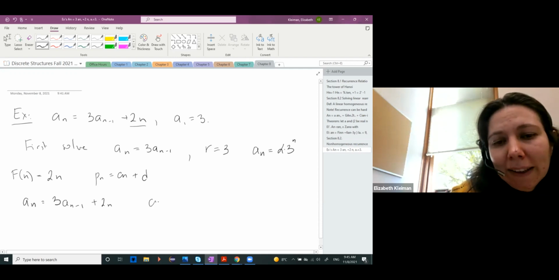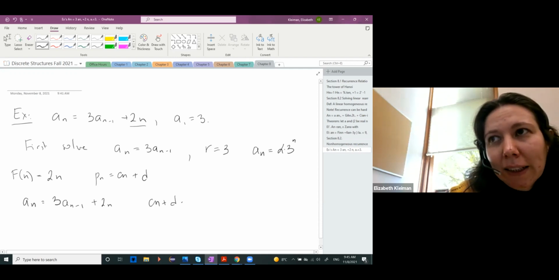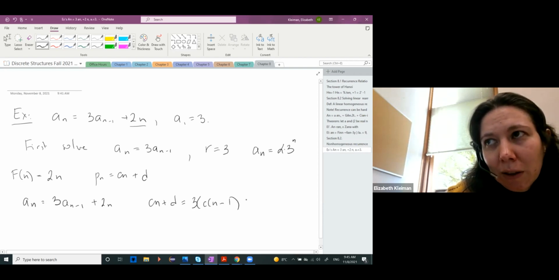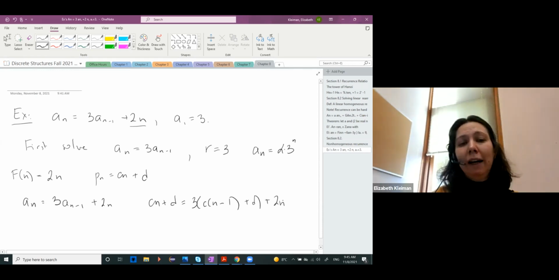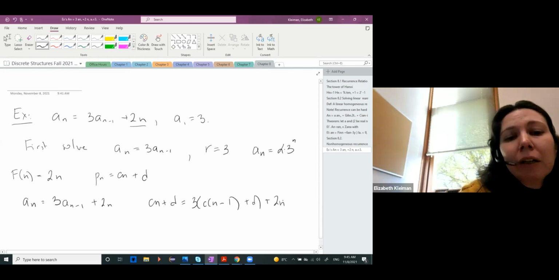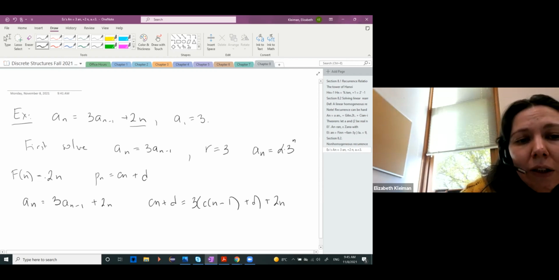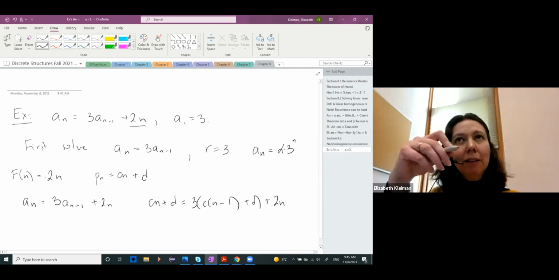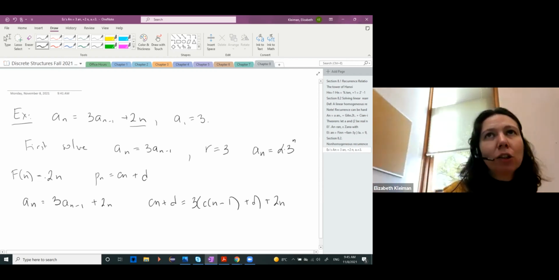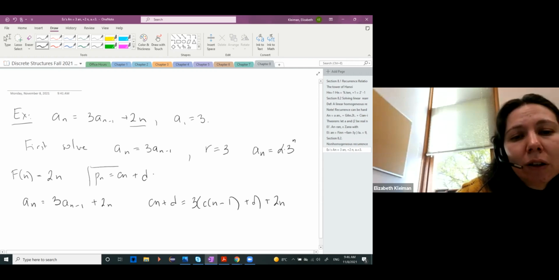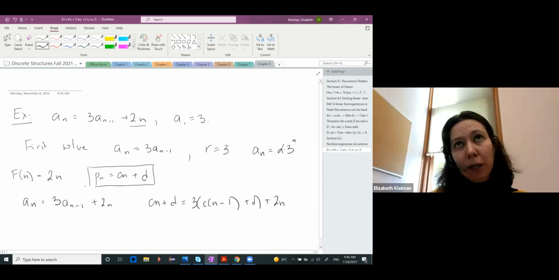Does it have Cn plus D equal to 3(C(n-1) plus D) plus 2n? What have I done here? Since it's 2n, a polynomial of degree 1, it should have a solution looking like that, another linear expression.